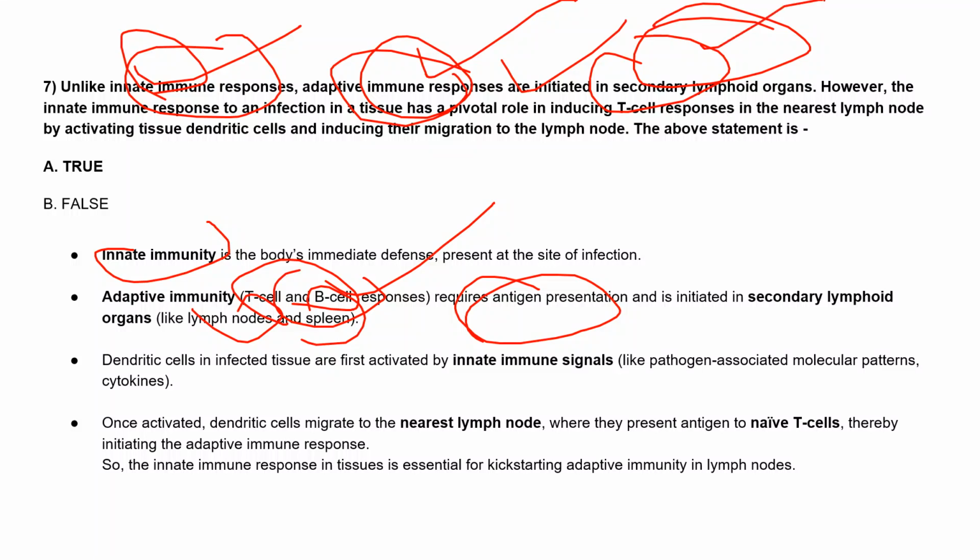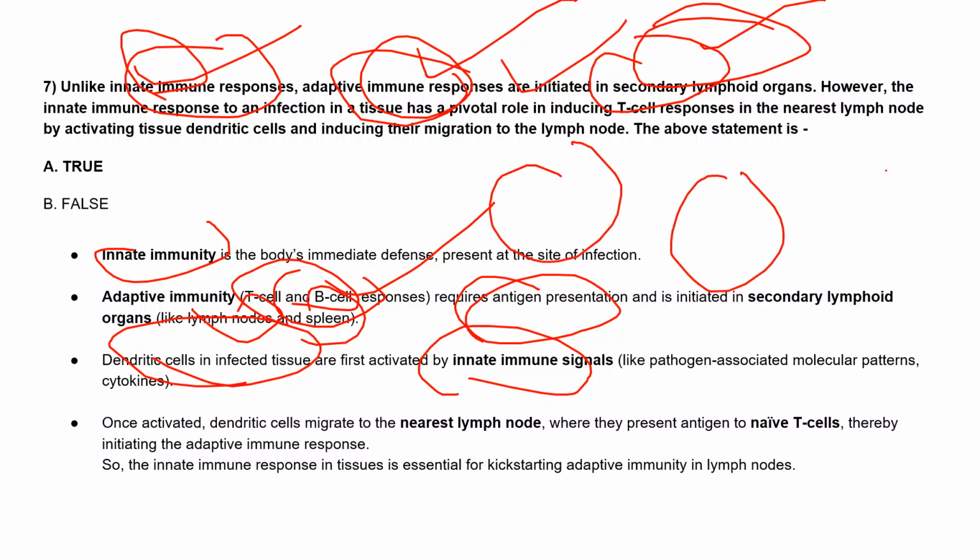So this is right. Next, however, the innate immune response has a very pivotal role in inducing the T cell response in the nearest lymph node by activating the dendritic cells. We know that dendritic cells are first activated by the innate immune cells, and these dendritic cells then activate the T cells.